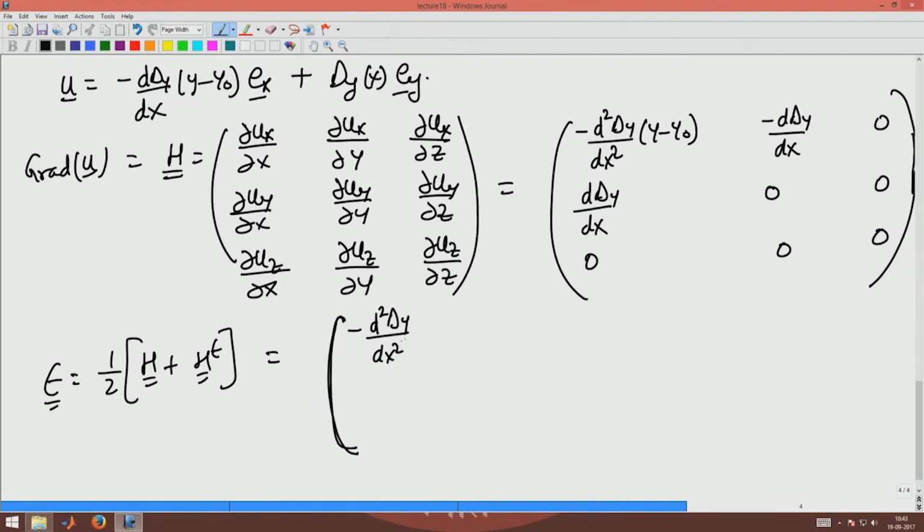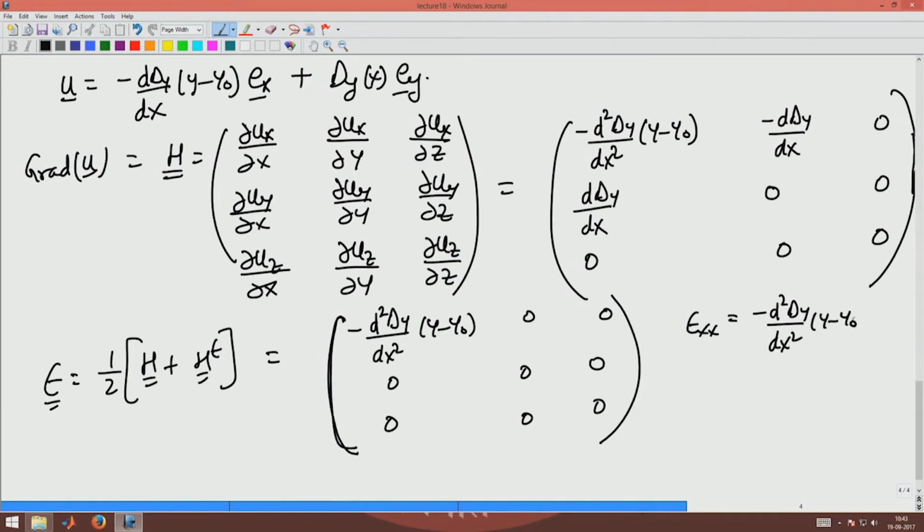Here a few comments are to be made. The first comment is you have only epsilon xx strain as minus d square delta y by dx square into y minus y naught, and there is no shear strain or other components of the normal strain.